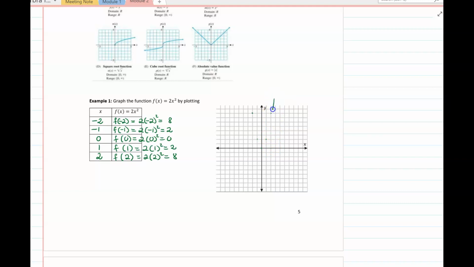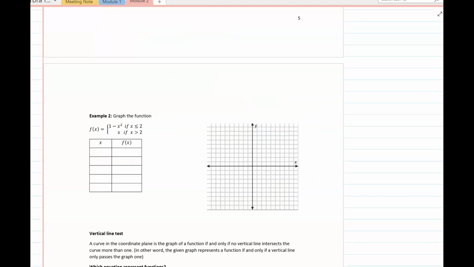So this graph looks like this. It's a very narrow parabola. The domain of this function is all real numbers. And the range of this function, the smallest point is 0 and the highest is infinity.